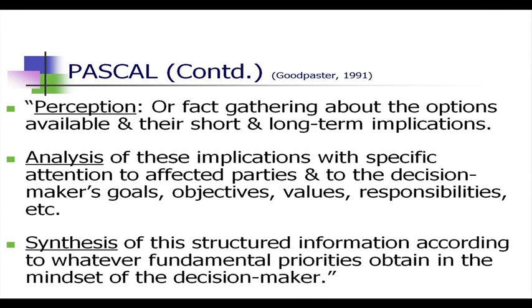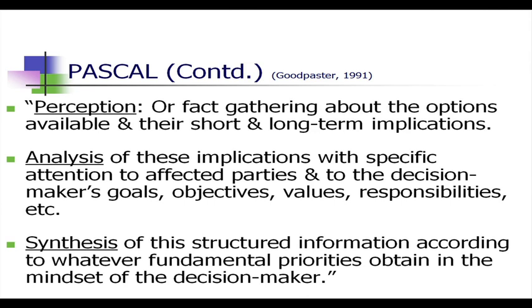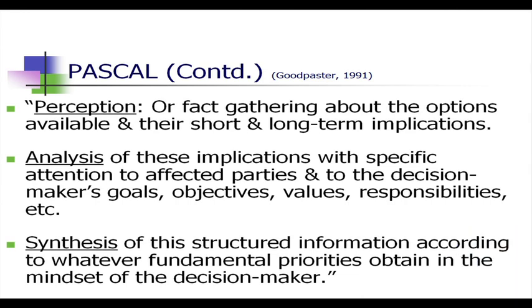The second step is analysis. Now, what we do in this stage is, once we know what we have, we analyze these implications with specific attention to the affected parties and to the decision makers' goals, objectives, values, responsibilities, etc. I know what my options are, but do these options help me achieve my goals?